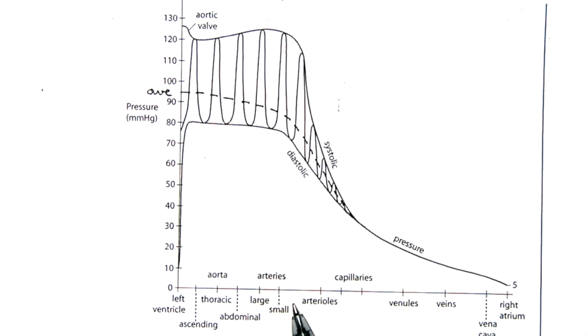Now let's find P sub O on average, in the aorta on average. Down here you'll notice that the aorta actually has 3 segments to it: the ascending aorta, the thoracic aorta in the chest, and the abdominal aorta down in the stomach region. Let's pick somewhere in between those, maybe right there.